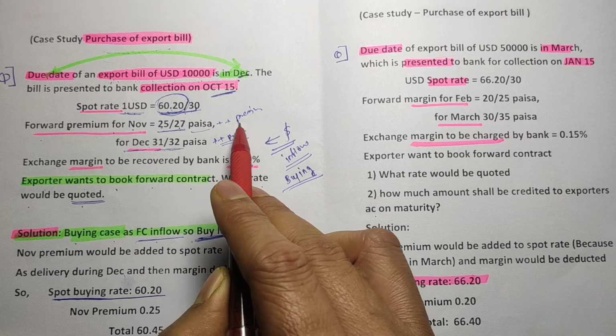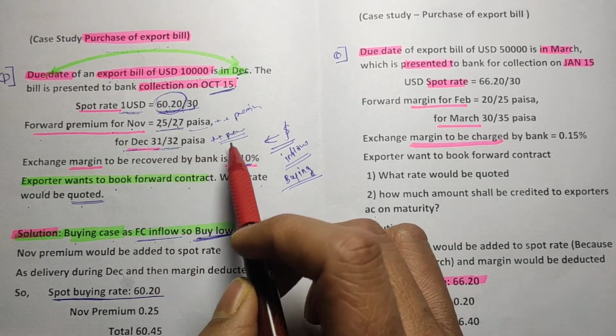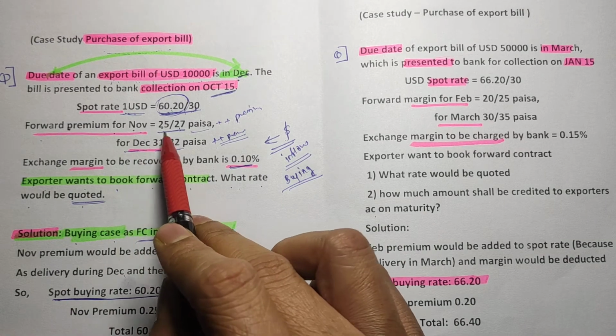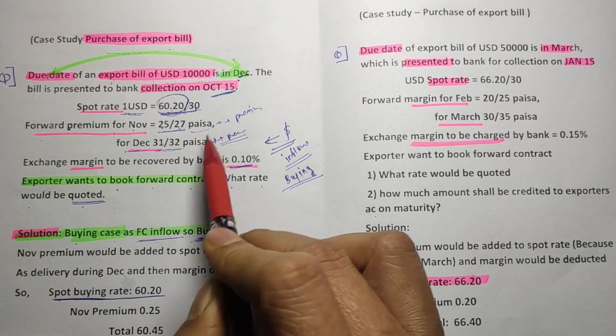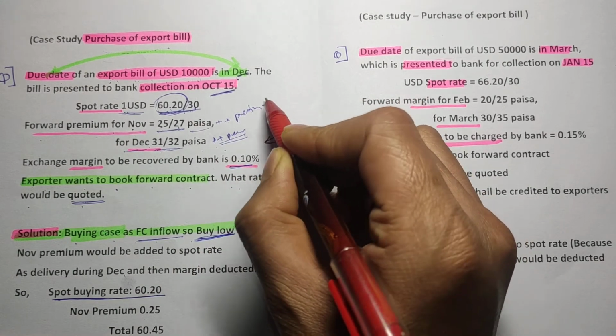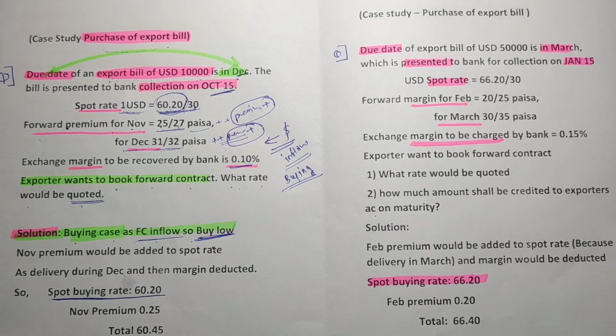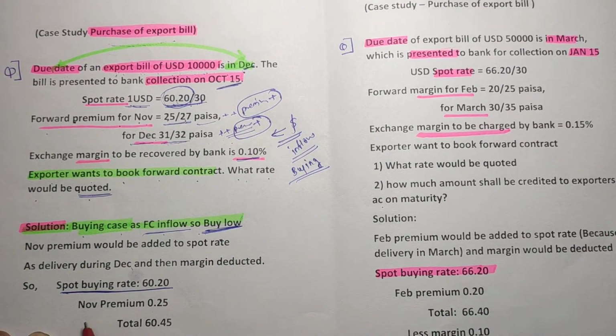Increasing order means premium, and decreasing order is discount, which we will see in a different example. But here the points are increasing, that's why it is at a premium. And a premium is always added. Remember, premium is always added. Okay, and that's why we have to add the premium.